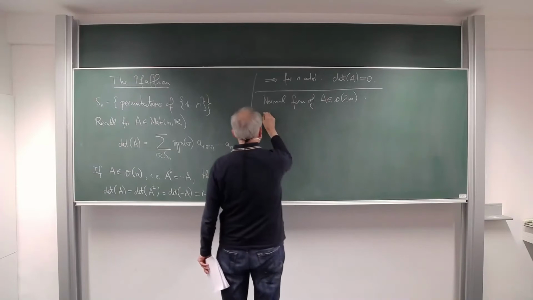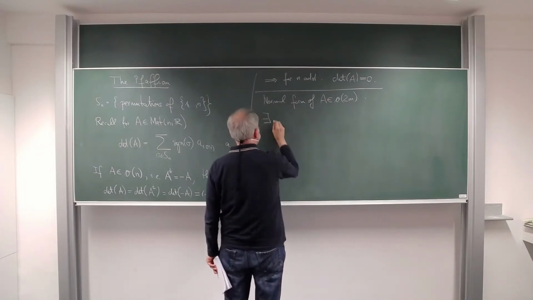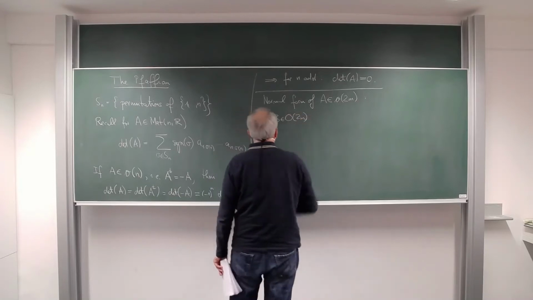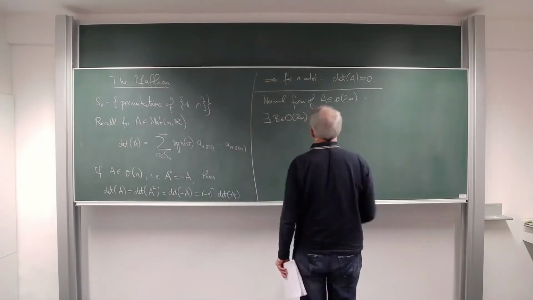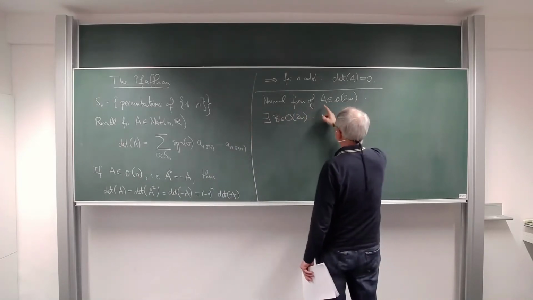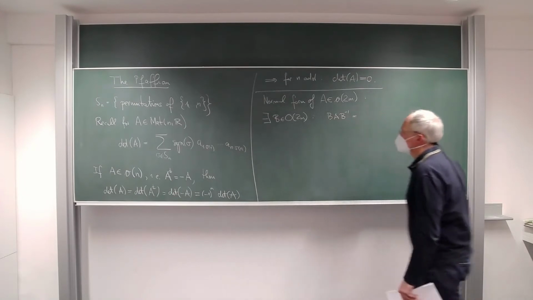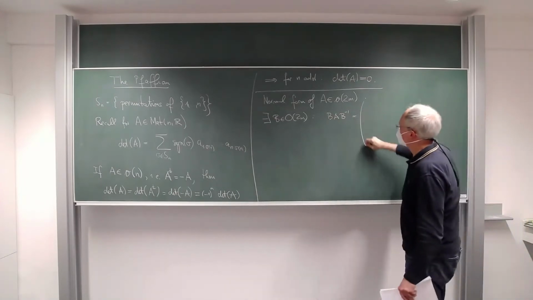It's as follows: there exists an orthogonal matrix B such that if I conjugate A with B, so looking at B A B to the minus 1, then I can bring it in a very nice form.